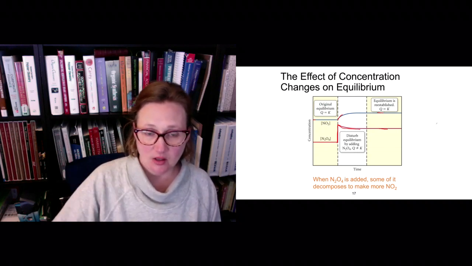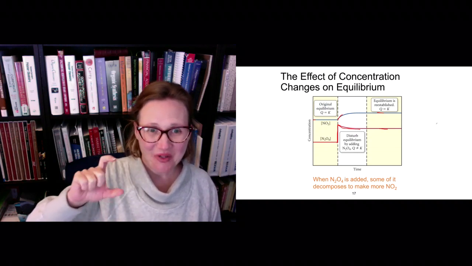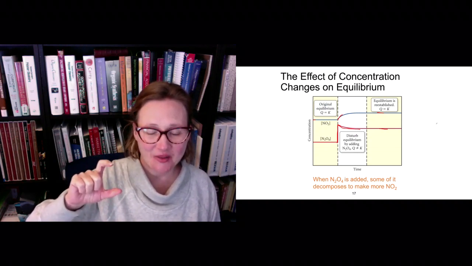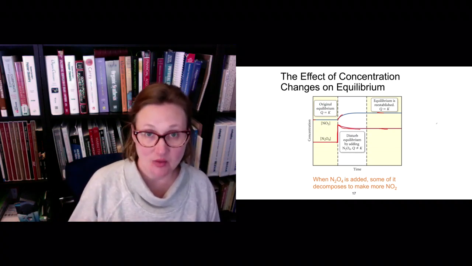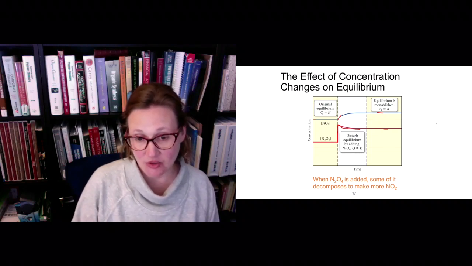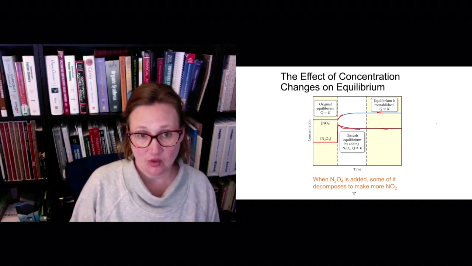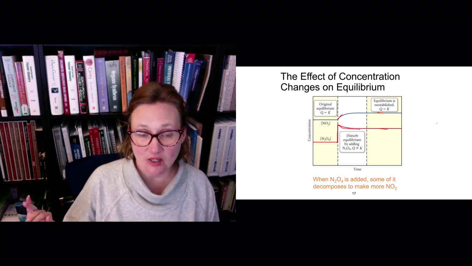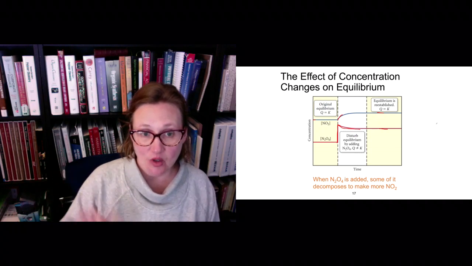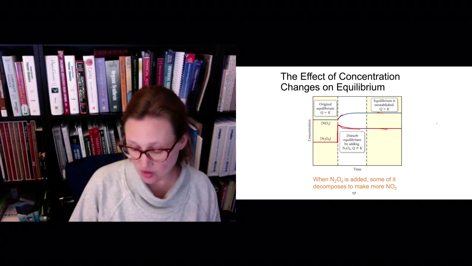So that difference between the reactants and products is going to be the same no matter what has happened, because we're going to reestablish that equilibrium. Some of it's obviously going to go away over time as it reacts, and then we're going to form more of the N2O4.